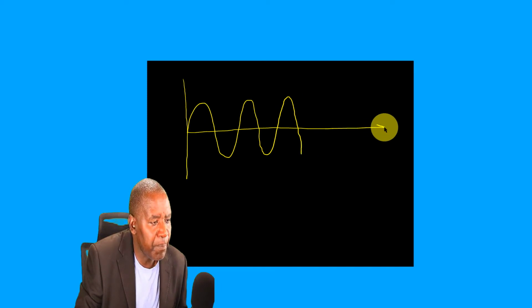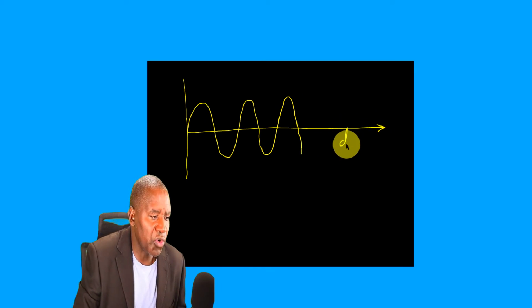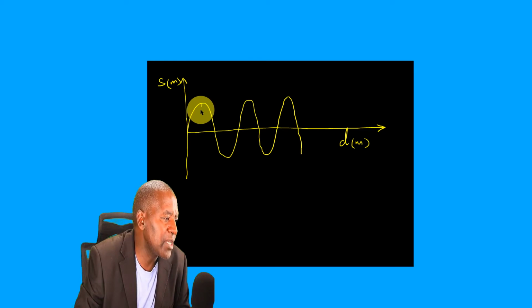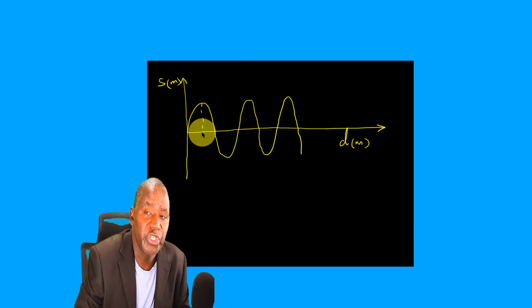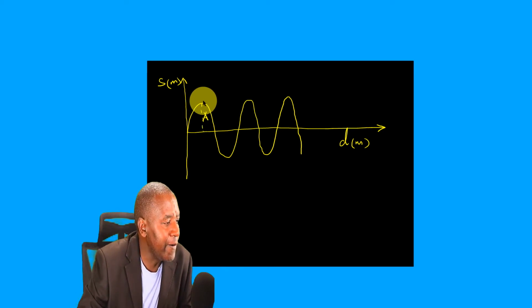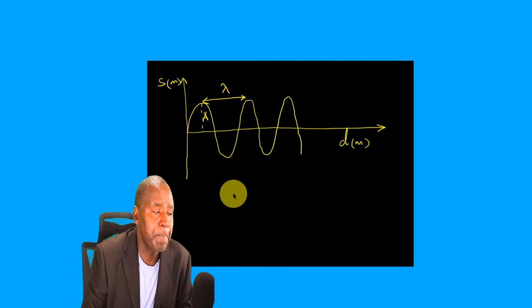And if this is the position or horizontal distance in meters, for example, and this is the vertical displacement S in meters again, you can see that this is the maximum displacement of the particle from equilibrium position, and we referred to that as the amplitude. And then this is a complete oscillation. So that distance from one crest to the next is wavelength.